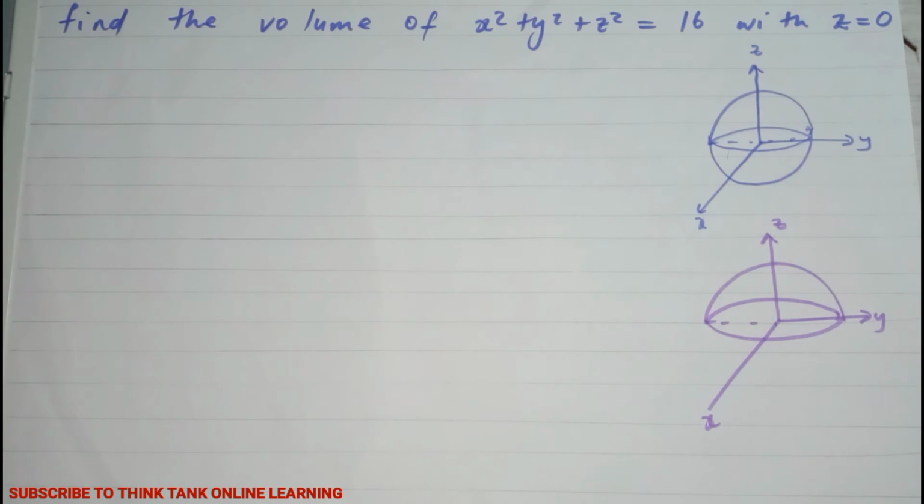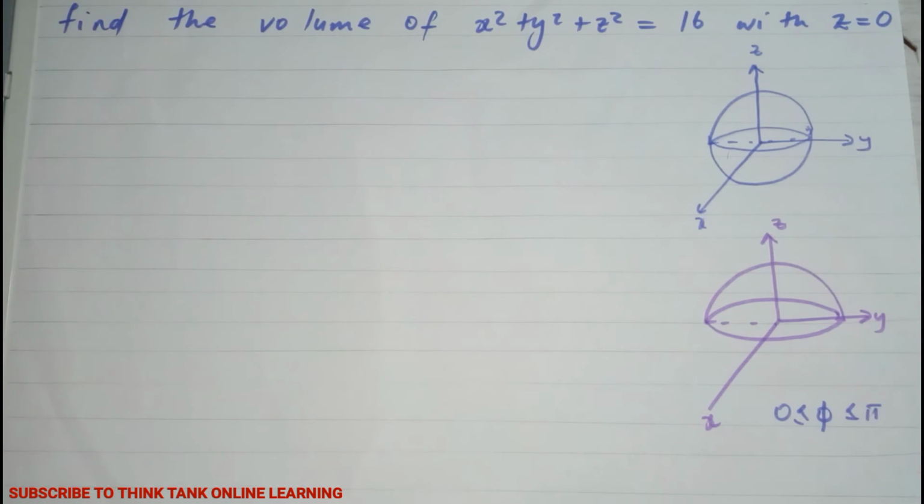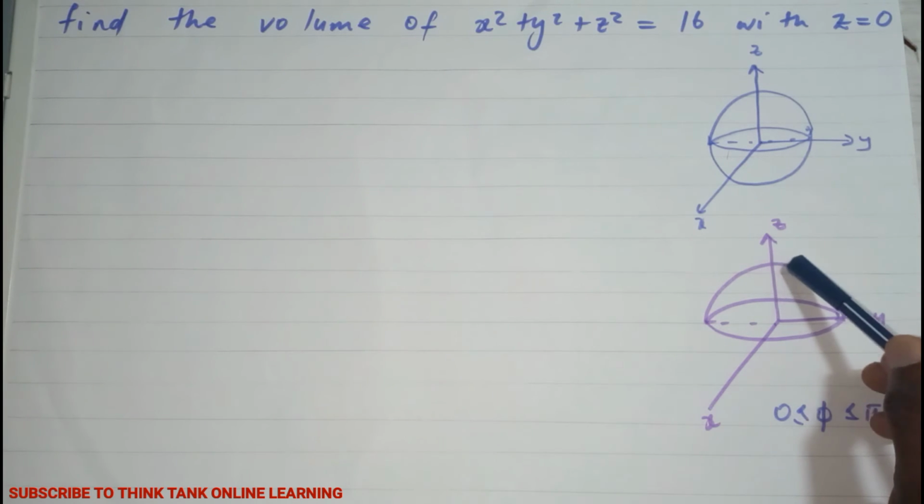There's something that we didn't mention when we talked about spherical coordinates. For phi, we said phi ranges from 0 to pi, and phi is the angle that rotates from the positive z-axis through the region.